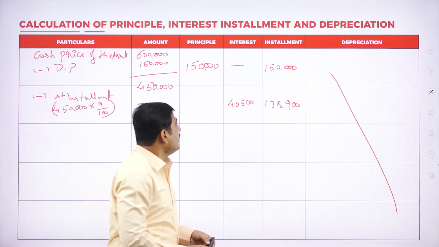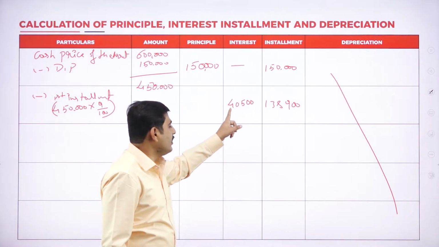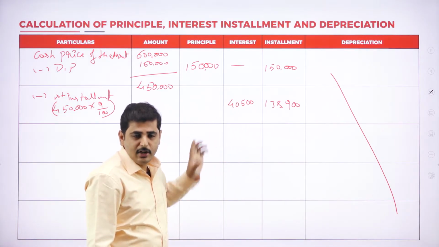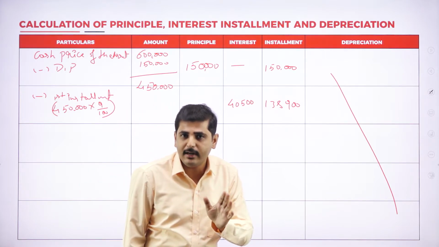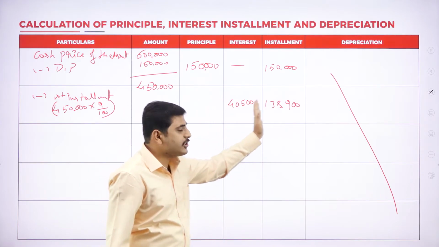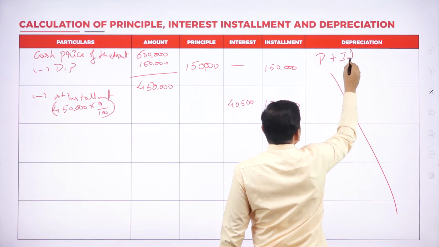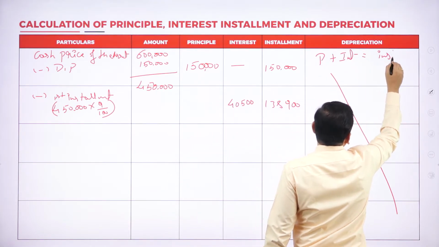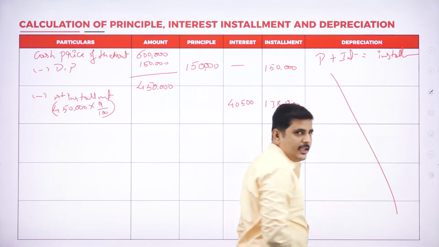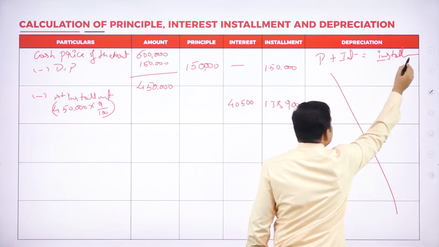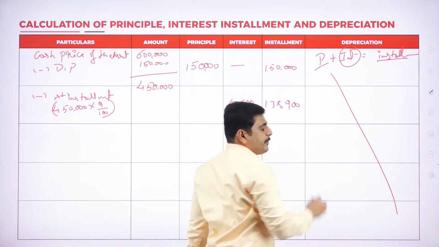Now, we know the installment and we know the interest, we don't know the principal. So, what is the formula for installment? Principal plus interest equals installment, isn't it? Now we know the installment and the interest, but not the principal. How to calculate?